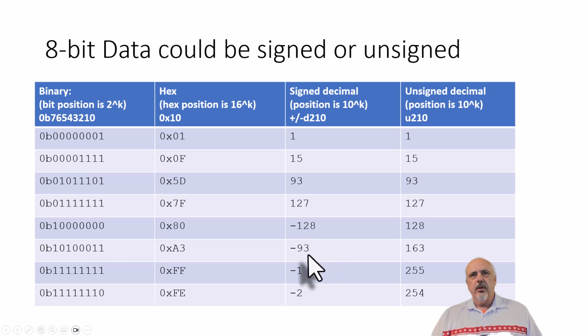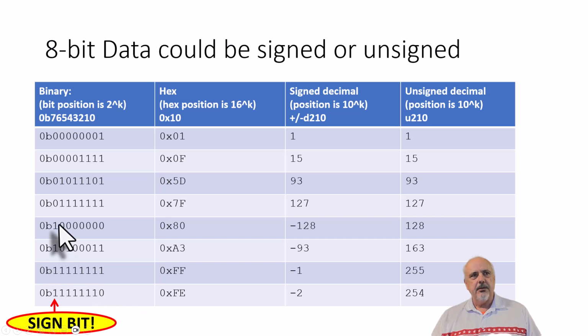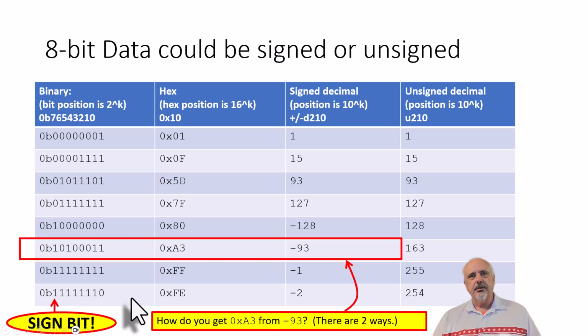So one good one we could look at would be this minus 93. If the number is signed, this bit is the sign bit.